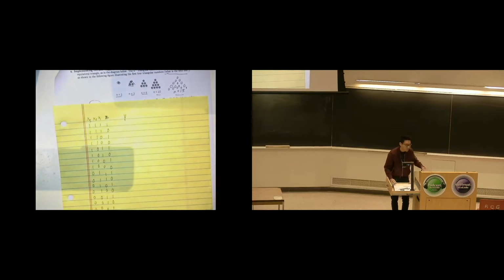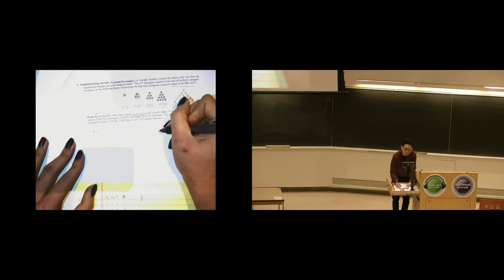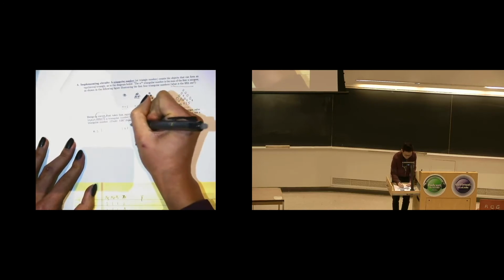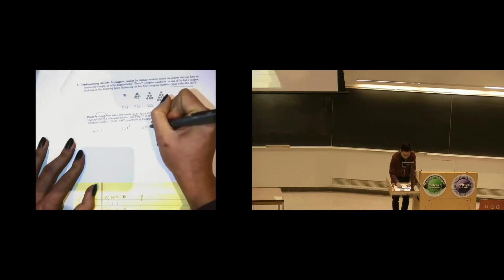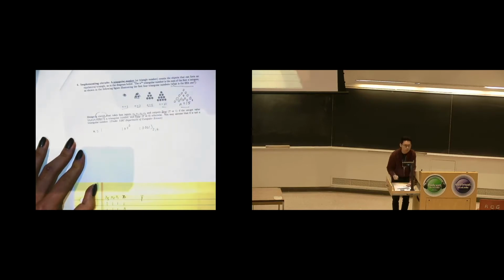So let's convert it to binary. When n equals 1, this is 1 times 2 to the 0, right? So this would be 0001 in base 2 over 4 bits.